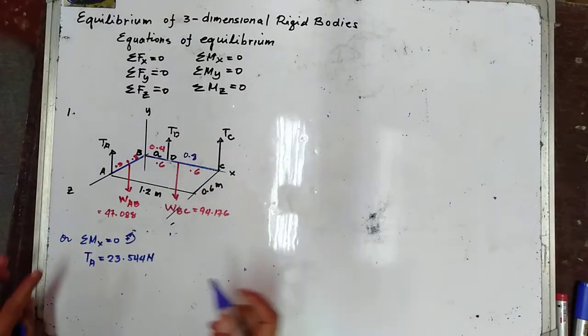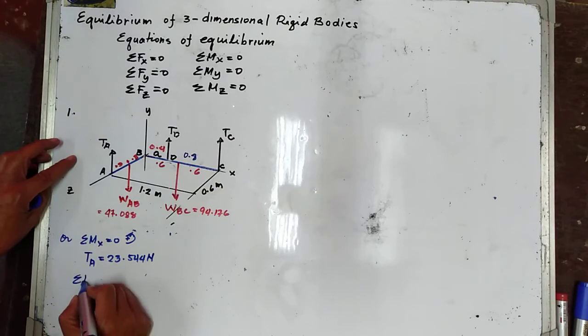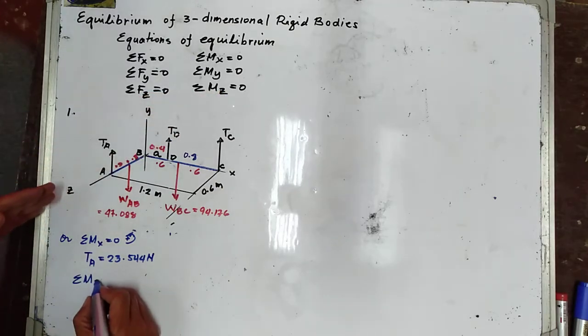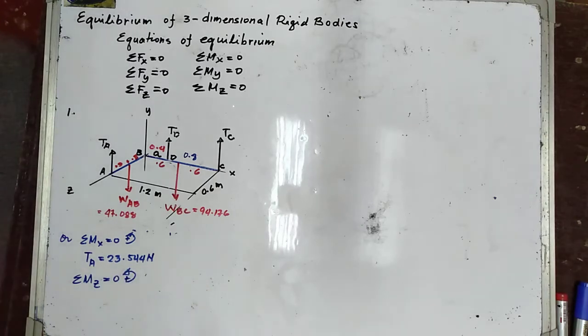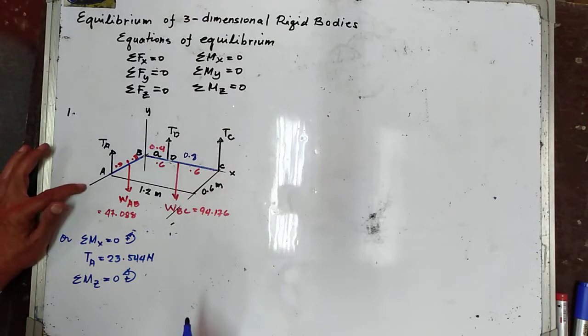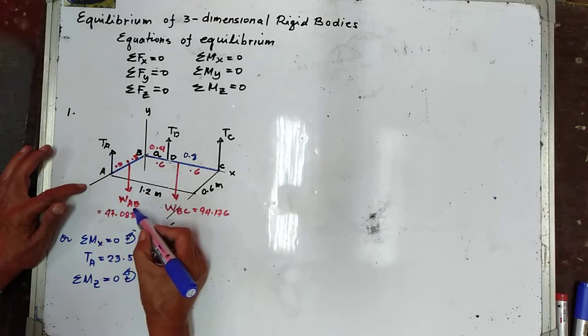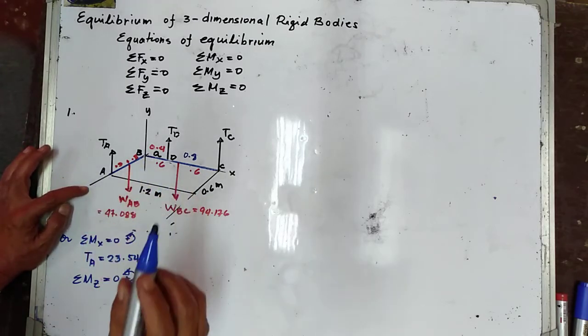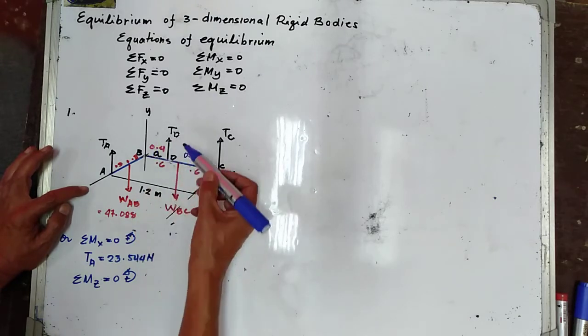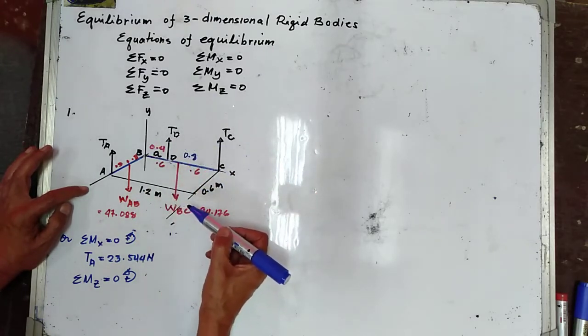Instead, let us get moment about the z-axis equal to 0, with counterclockwise moment positive. TA and WAB have no moment about the z-axis because they intersect this axis. So there are only three: TD, TC, and WBC.